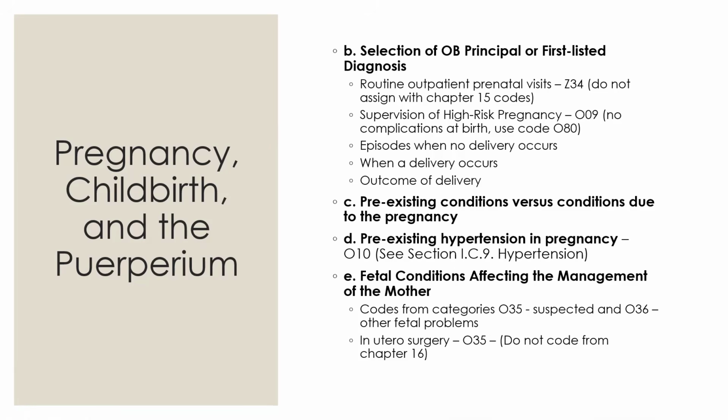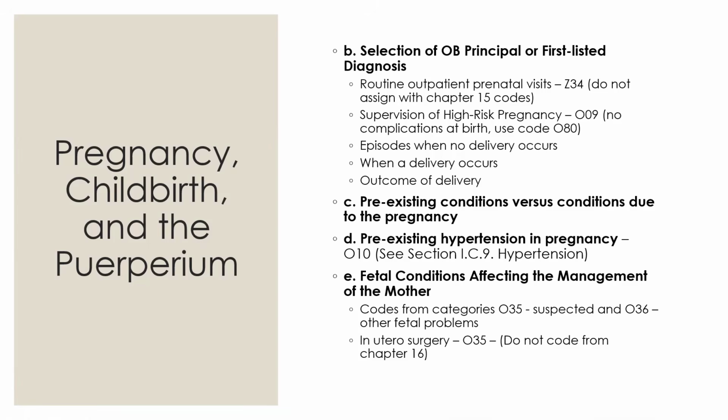For fetal conditions affecting the management of the mother, number 1, codes from categories O35 and O36. Codes from categories O35, maternal care for known or suspected fetal abnormality and damage, and O36 for maternal care for other fetal problems, are assigned only when the fetal condition is actually responsible for modifying the management of the mother.